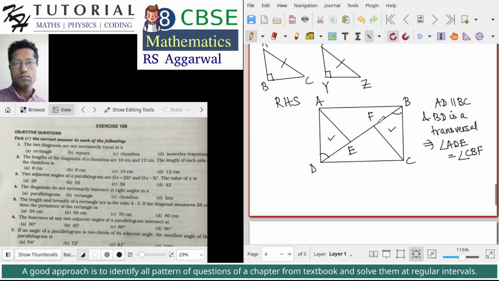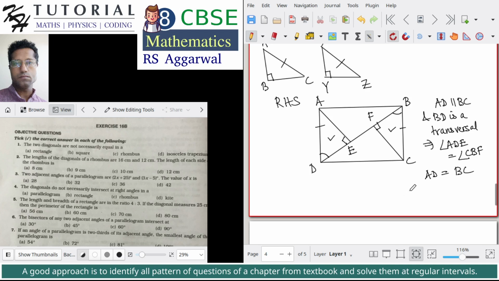Also we have this is a right angle. Since CF is perpendicular to BD, this will be a right angle, and also AED will be a right angle, since AE is perpendicular to BD. So we have one right angle equal, also AD is equal to BC.